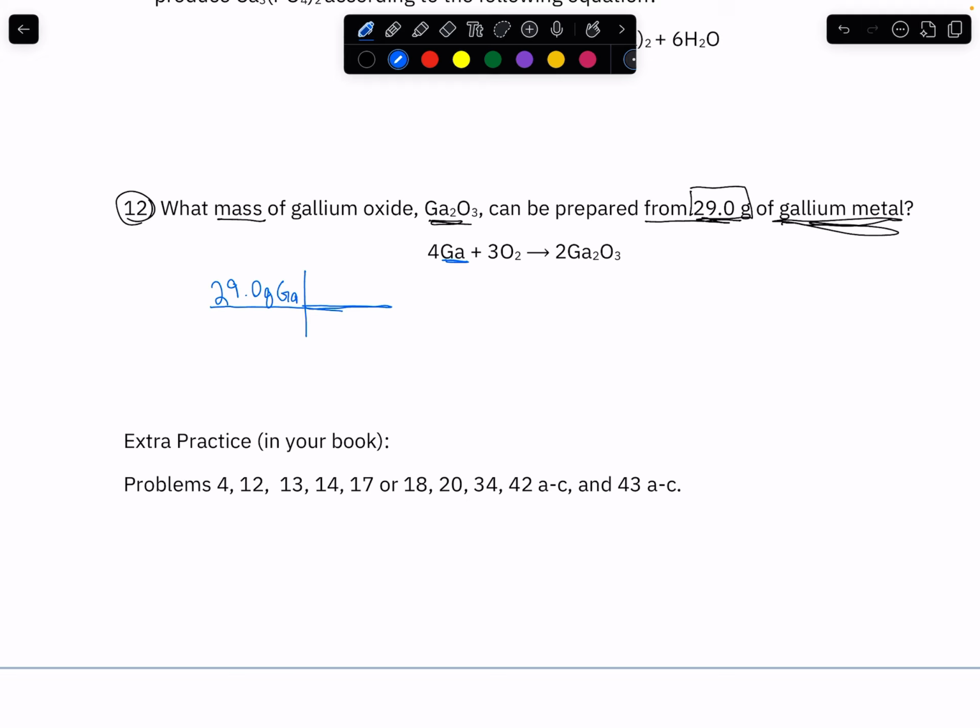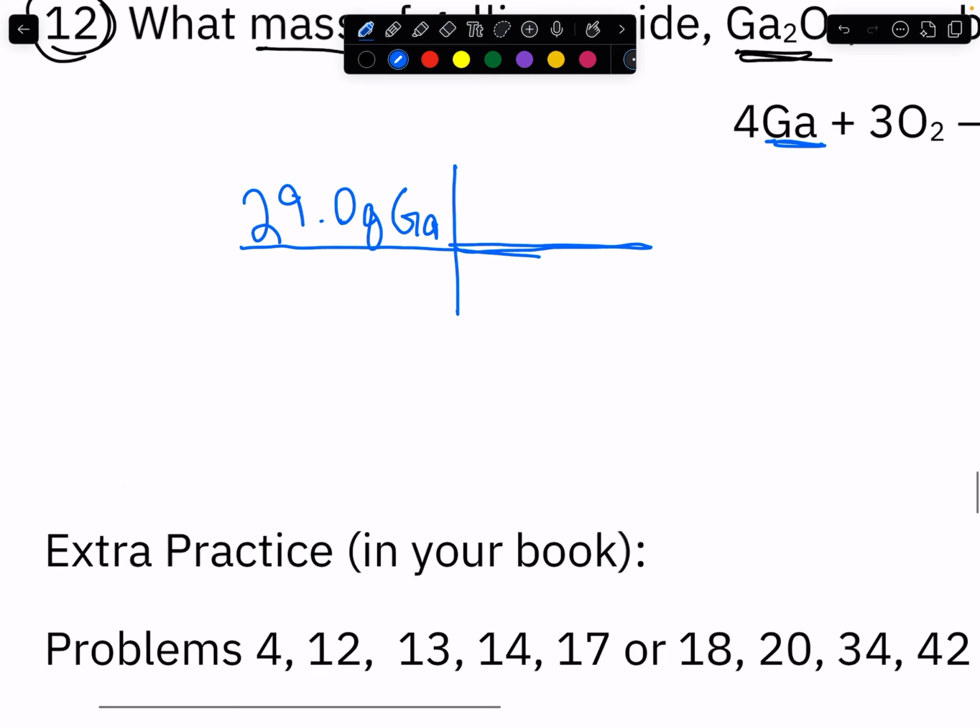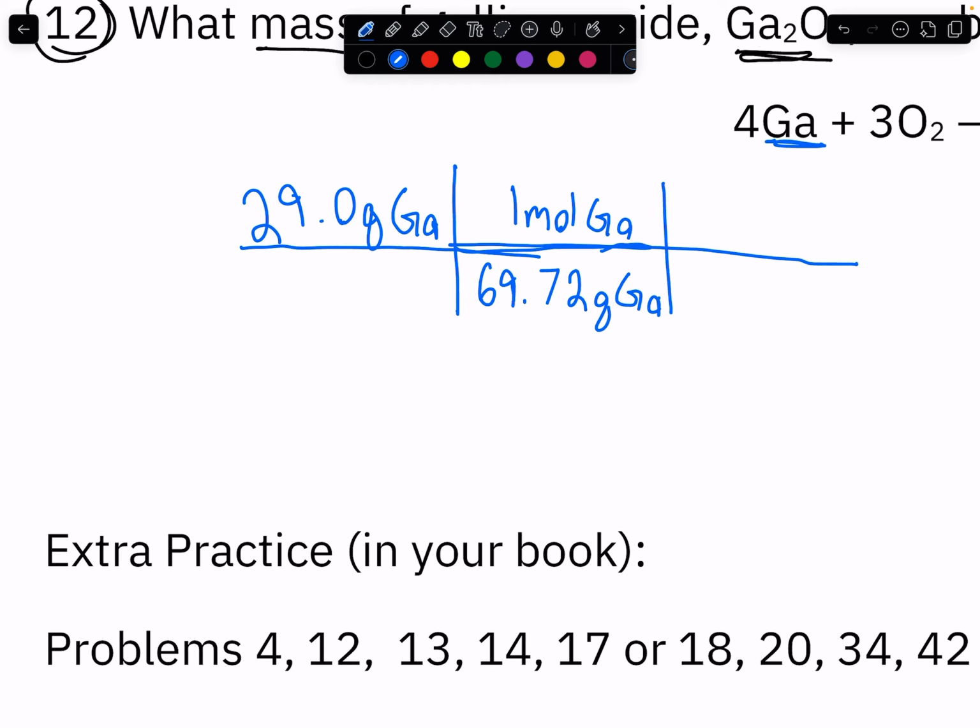Gallium is technically 69.72 grams per 1 mole gallium. I'm going to keep labeling with gallium because I don't want us to get confused.